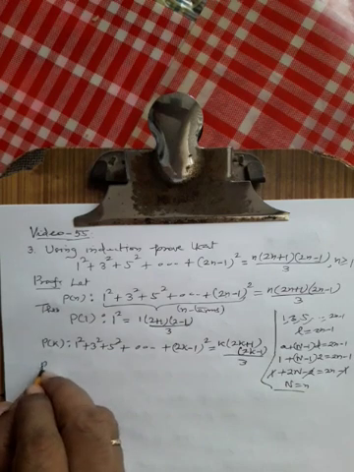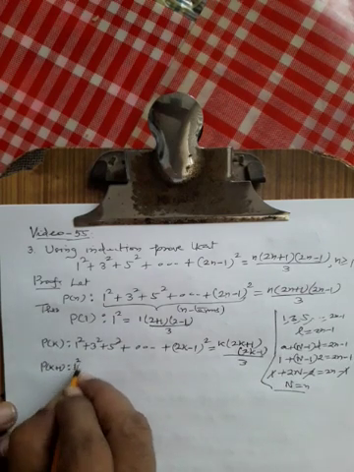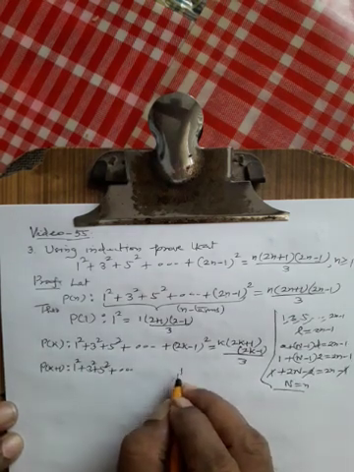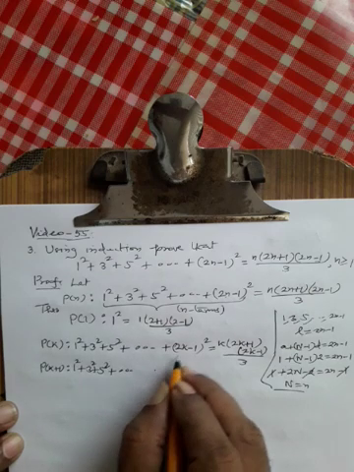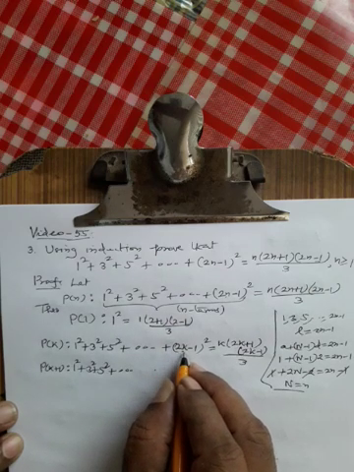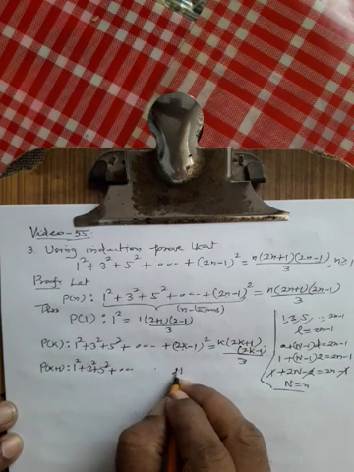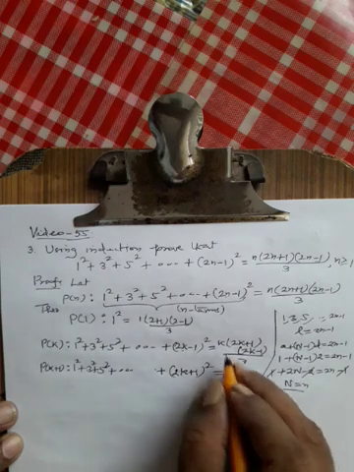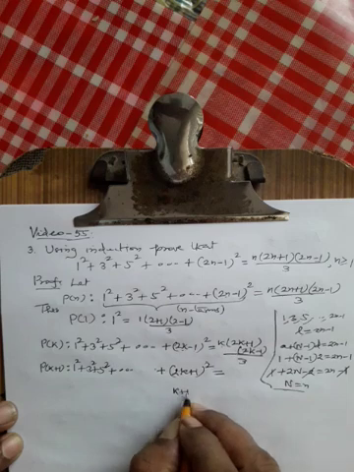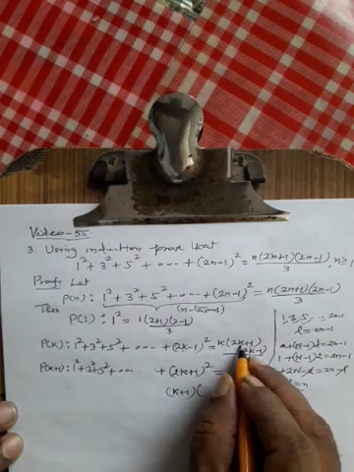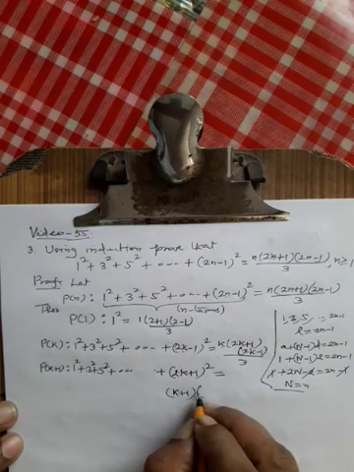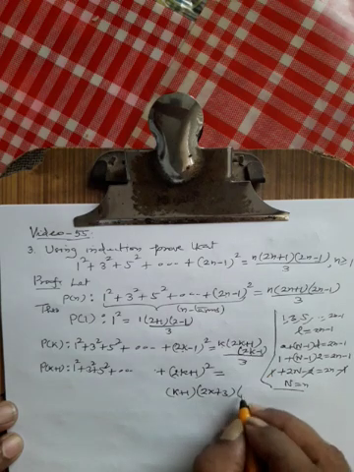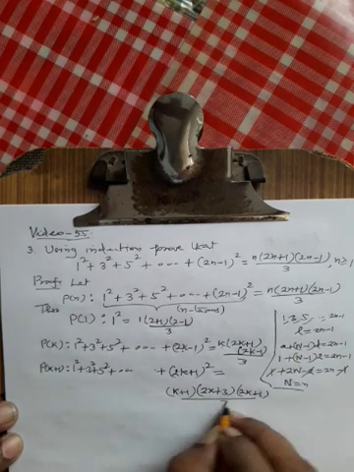P of k plus 1 is 1 squared plus 3 squared plus 5 squared plus etc. plus, where n is k plus 1, 2k plus 2 minus 1, that is (2k plus 1) the whole squared as the last term, equal to the right hand side with k replaced by k plus 1: (k plus 1) into (2k plus 3) into (2k plus 1), divided by 3.